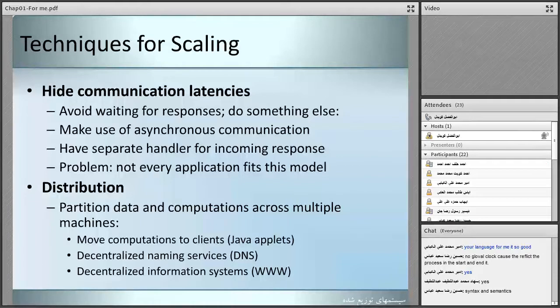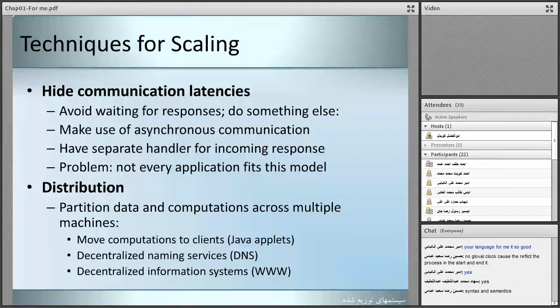Decentralized naming services, or DNS, and decentralized information systems, or WWW. For example, World Wide Web, Internet, WWW. In WWW, we can see a huge amount of information about everything: news, policy, science, everything.